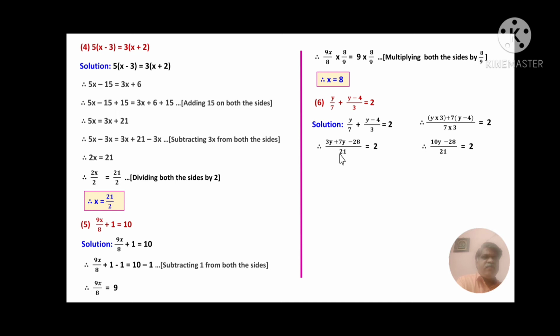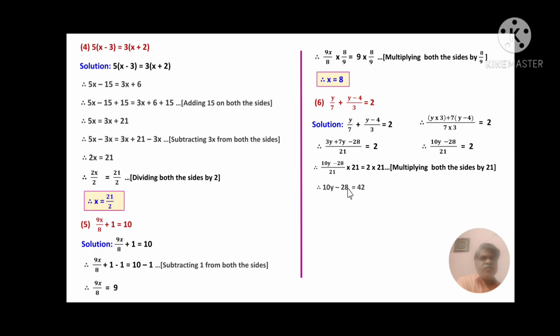Therefore 3y plus 7y, that is 10y minus 28 upon 21 is equal to 2. Therefore multiply both sides by 21. So what is left? On the left hand side 21 cancels, and you get 10y minus 28, and on the right hand side there is 21 into 2, that is 42.